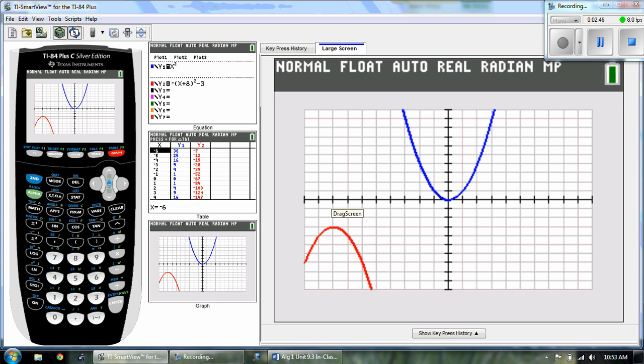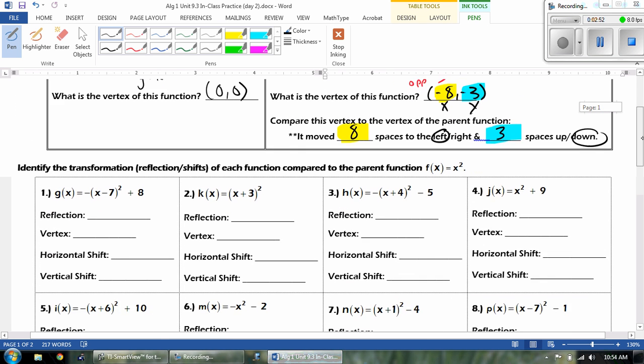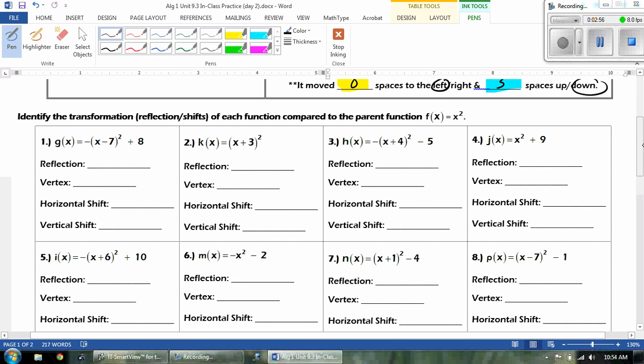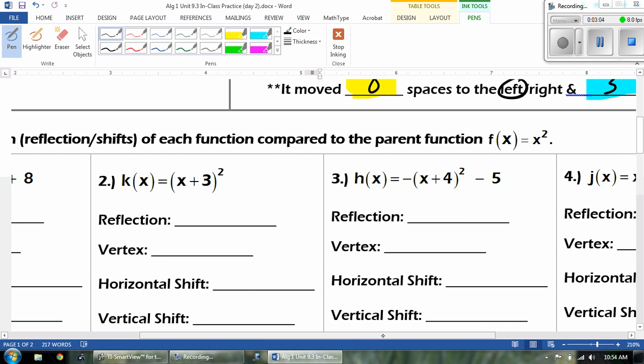Okay, so that's what it's saying. Now, what we're going to do is identify the transformations, the reflections or shifts of each function compared to the parent function, f of x equals x squared. So let's zoom in and look at number 1.